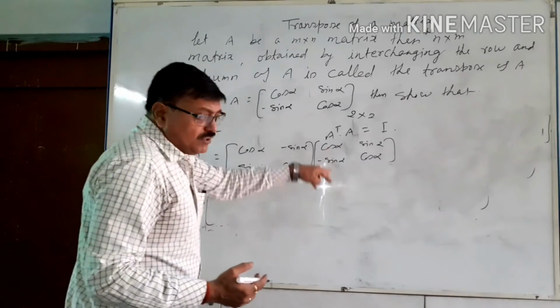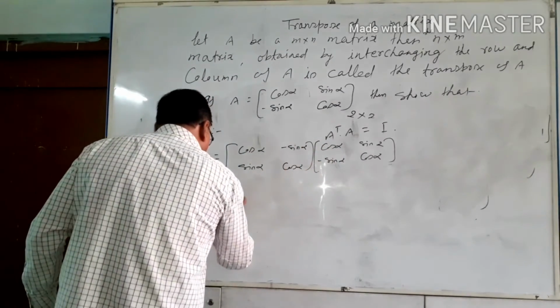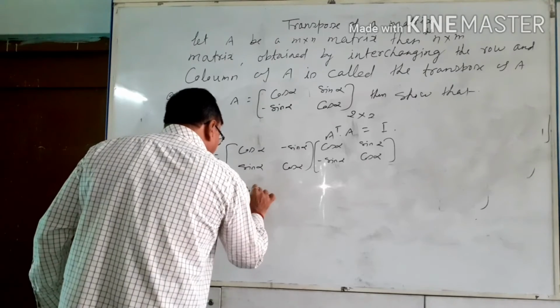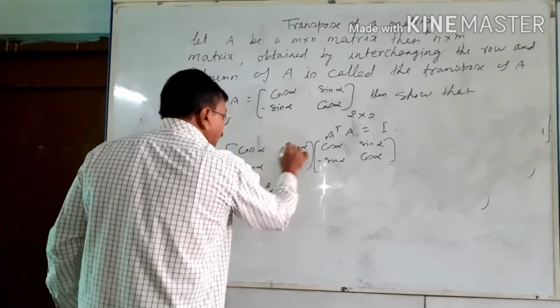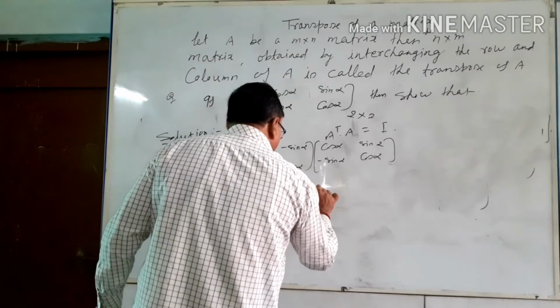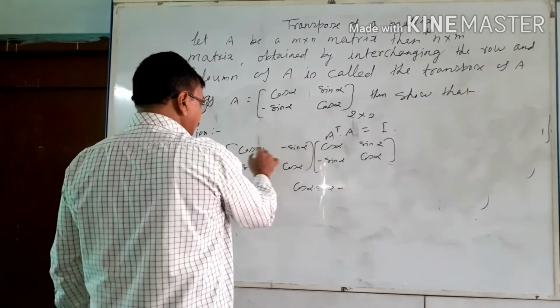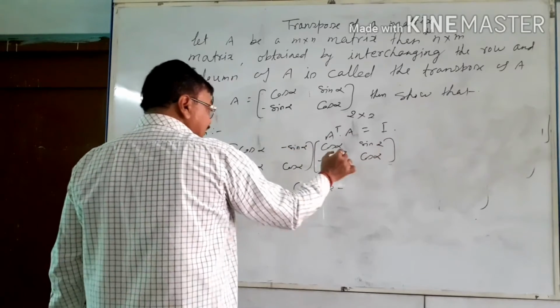First row, first column: cos square alpha plus sin square alpha. First row, second column: cos alpha sin alpha minus sin alpha cos alpha.